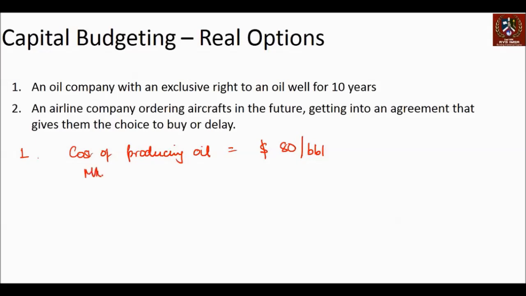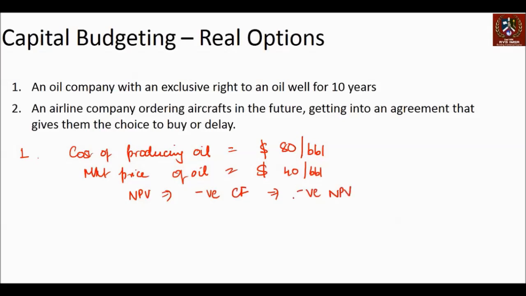What is the market price of oil today? So market price of oil today is $40 per barrel of oil. So if you do an NPV analysis of this, it will give negative cash flows because your cost is bigger than your market price, which will mean it will give you a negative NPV, right? But what is the problem with the NPV analysis?